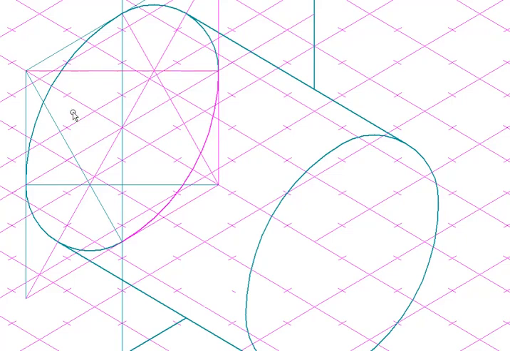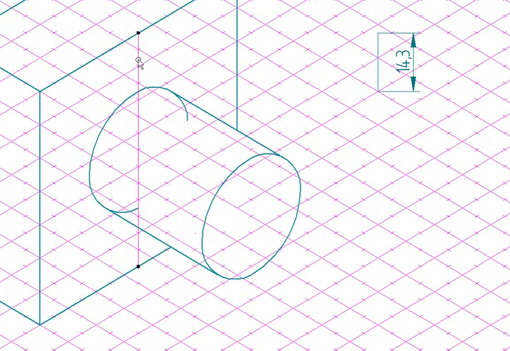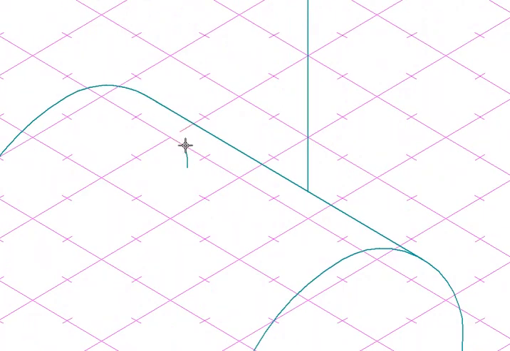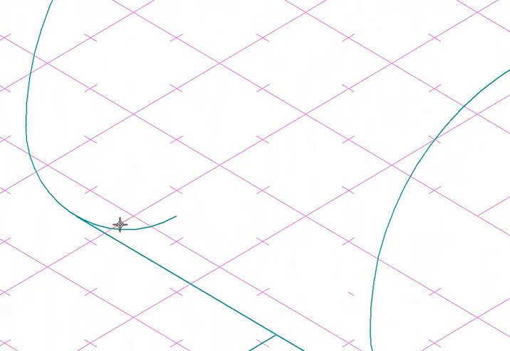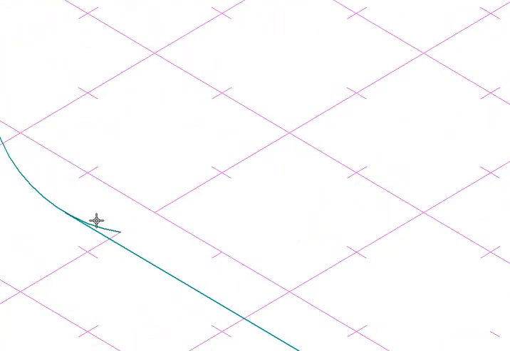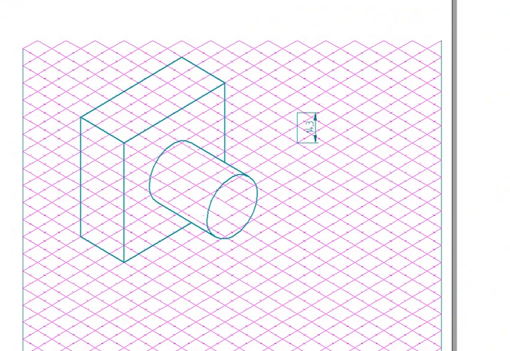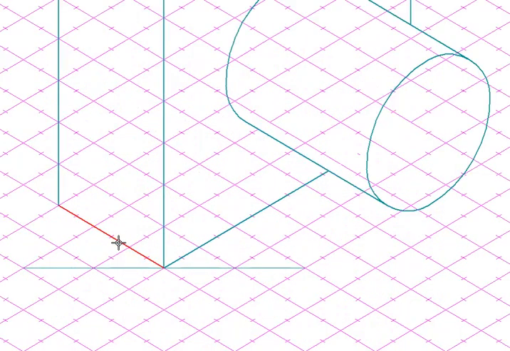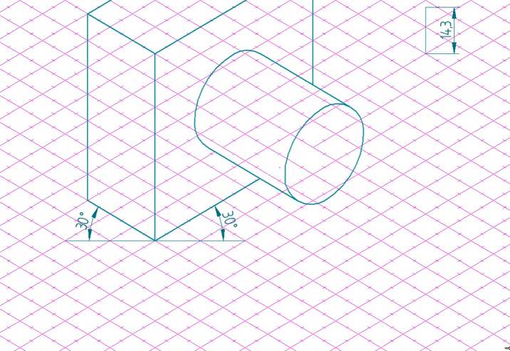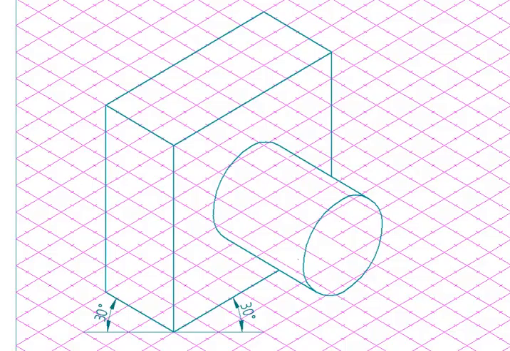So rub all the construction lines. Even this line should not be there. Mention this 30 degrees. So hope you understood.